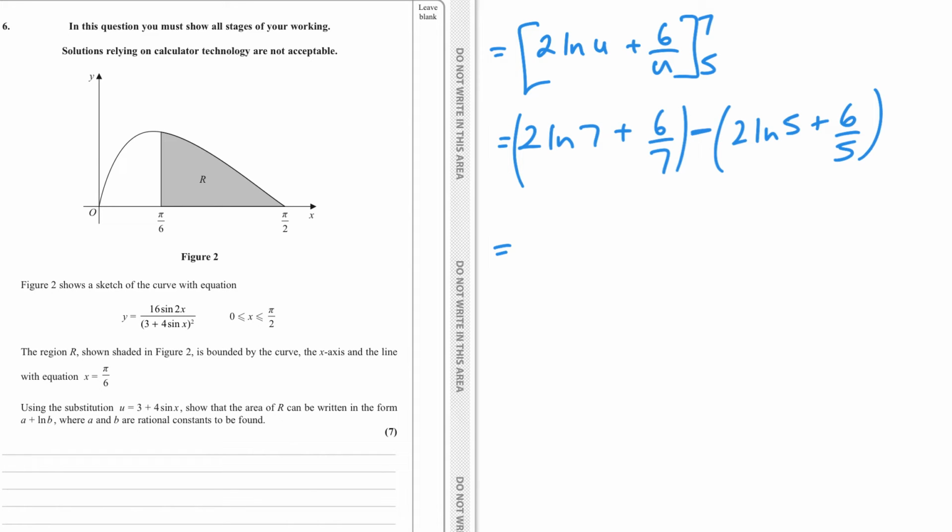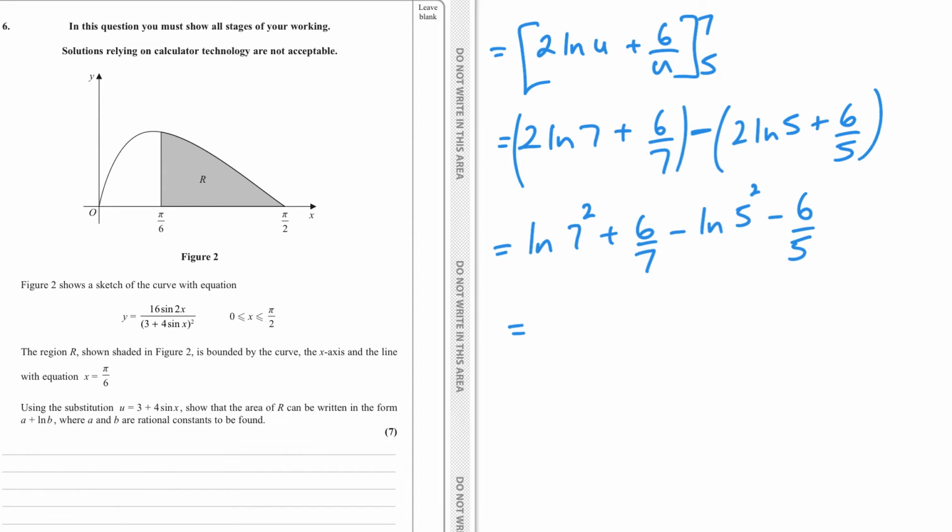Now we've got a little bit of sorting out to do. So my 2 ln 7 we're going to write as ln 7 squared plus 6 over 7 minus ln 5 squared minus 6 over 5.